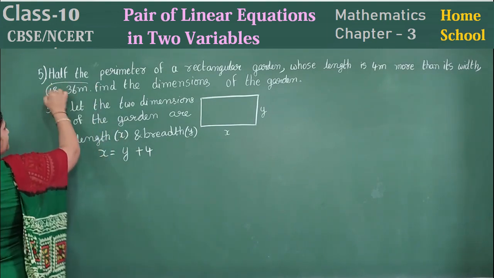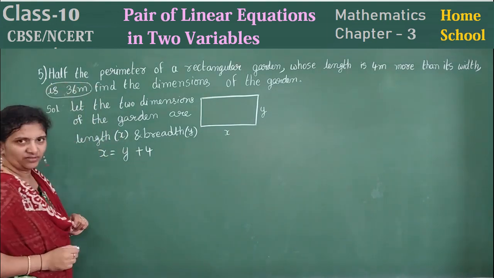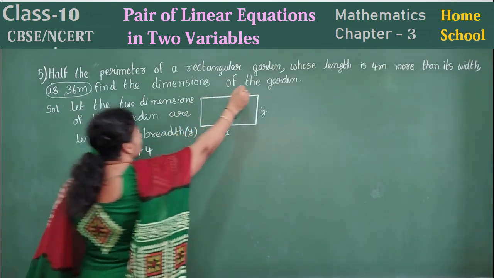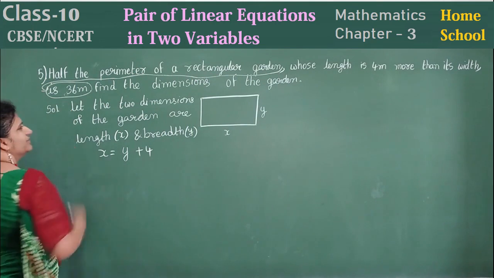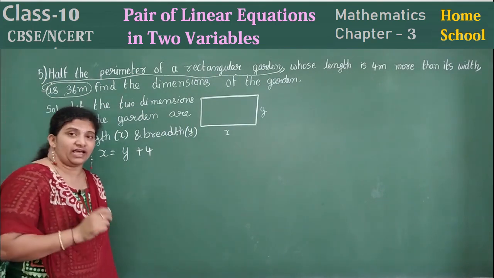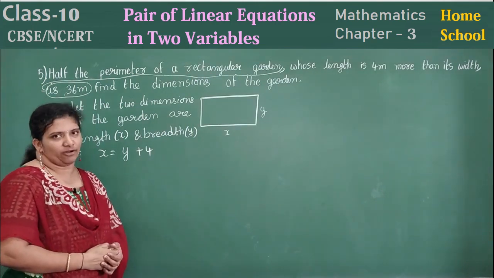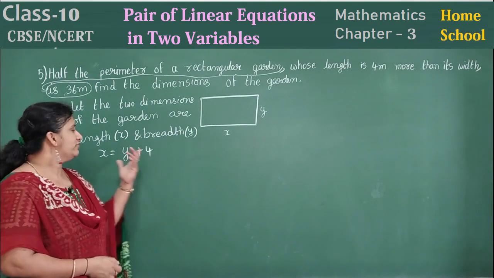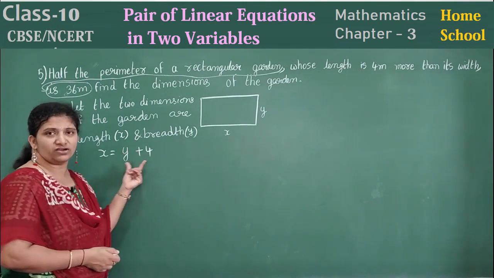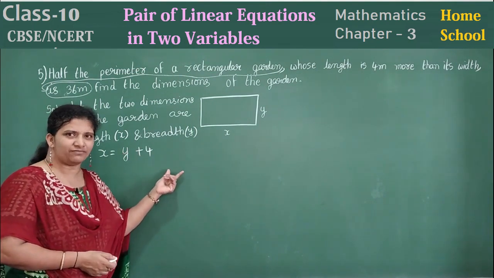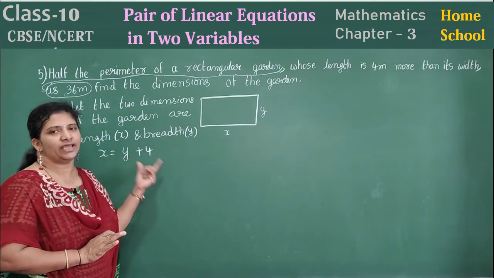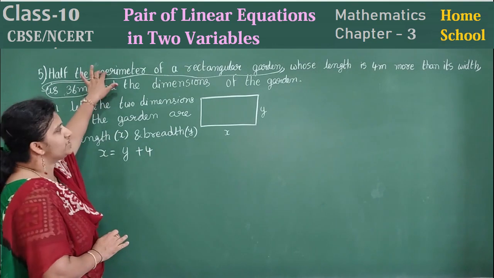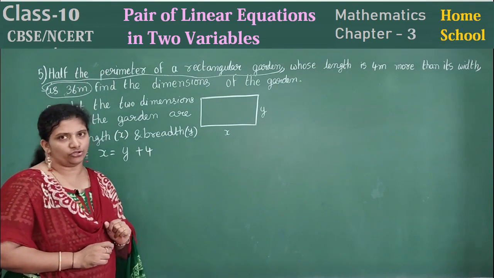This 36 meters, cut it out and place that point after this line. Like this they will confuse you in your verbal problems. There you get confused about what to do. Should I write X is equal to Y plus 4 is equal to 36? No, don't do like that. Read the question carefully and understand. So for this we are going to get one more equation.